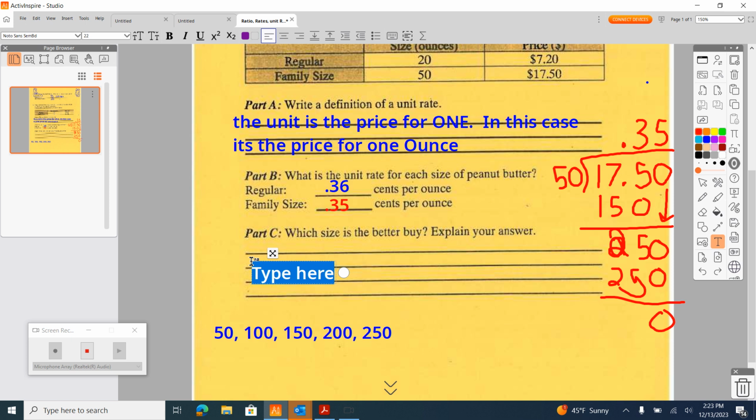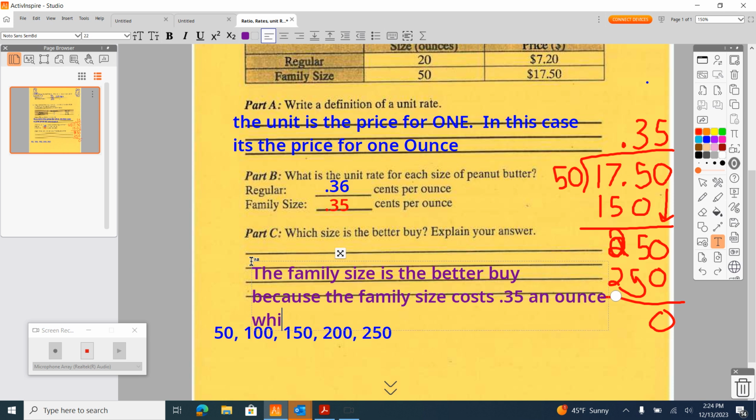The family size is the better buy because the family size costs 35 cents an ounce, which, by the way, is 1 penny less an ounce.